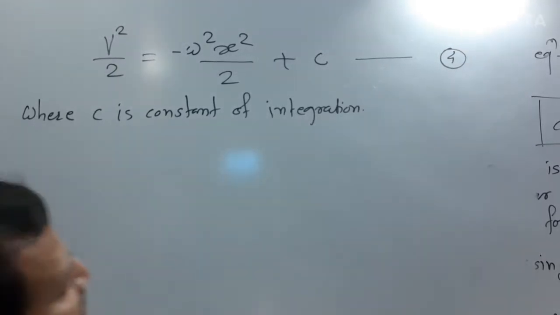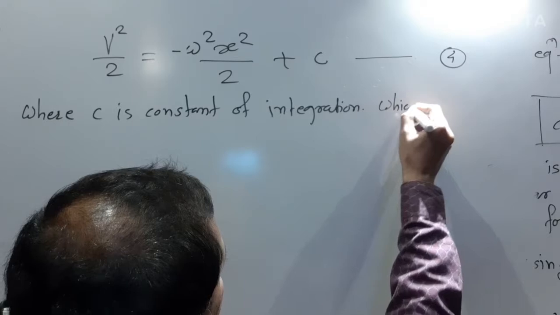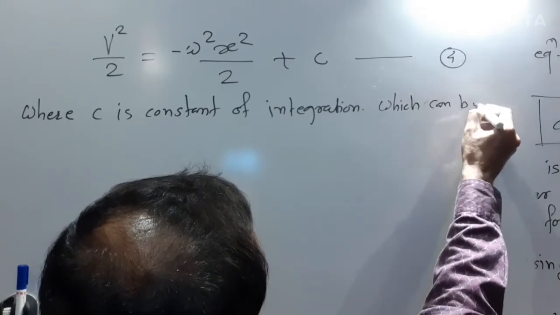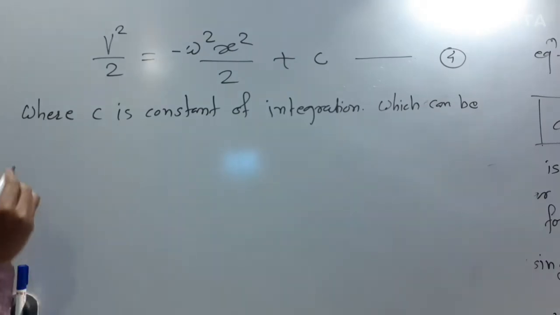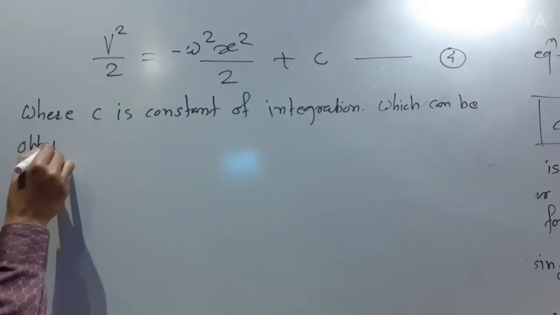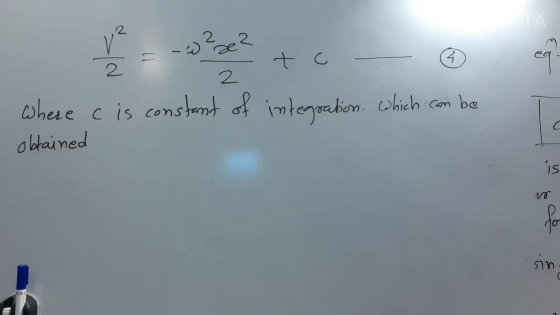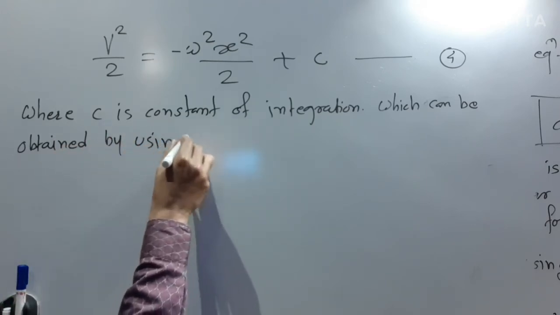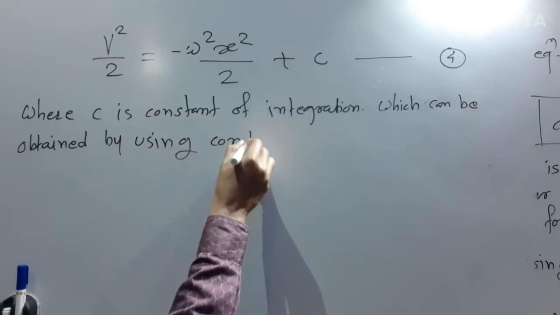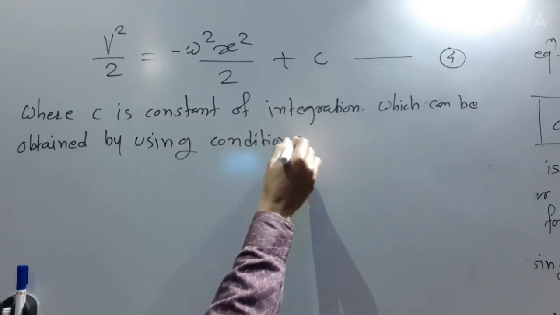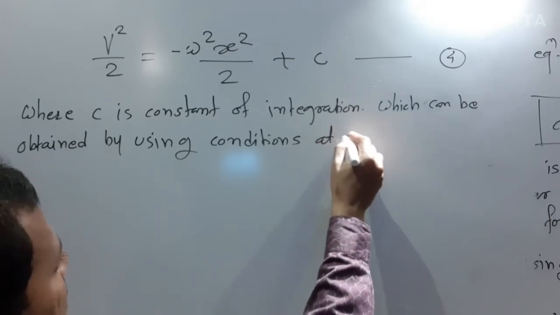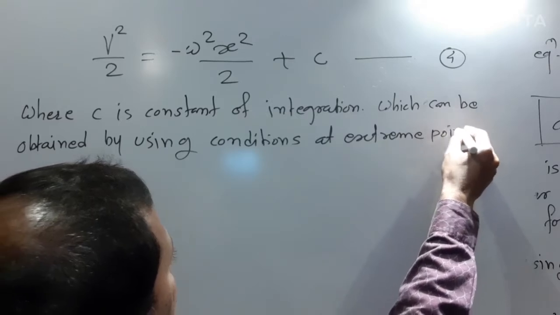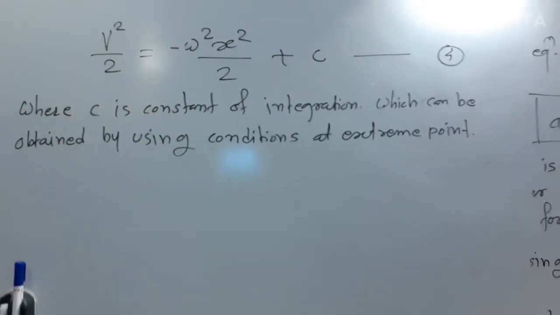c is the constant of integration, and it can be obtained by using conditions at the extreme point.